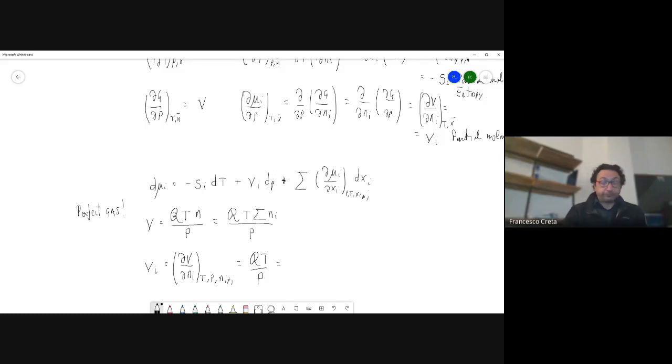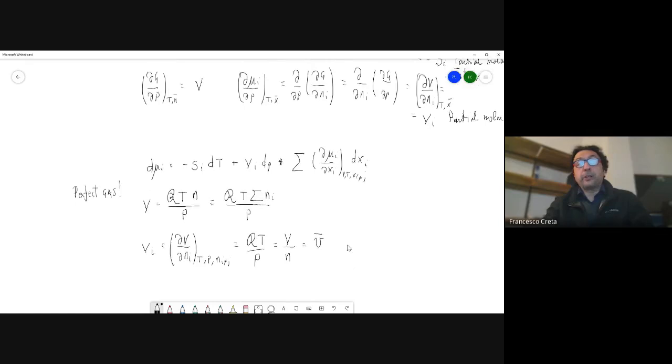If I rewrite it in terms of V over N, then you see, and this is quite important, the partial molar quantity now is really equal to the molar quantity. So what we were saying the other day, generally this is not true.